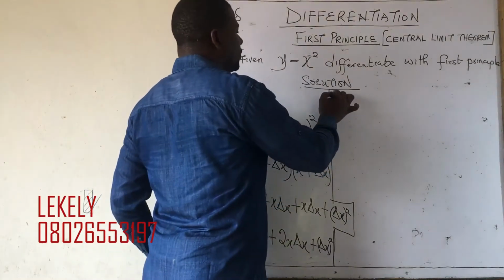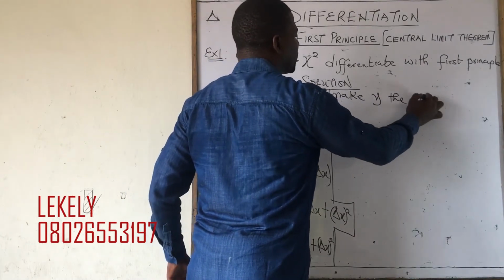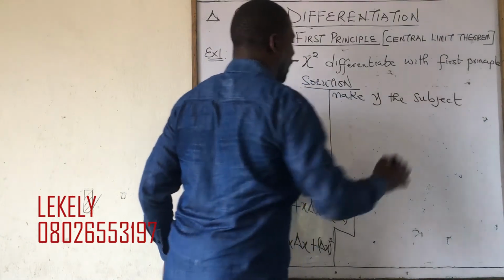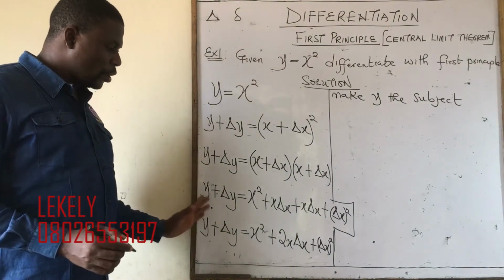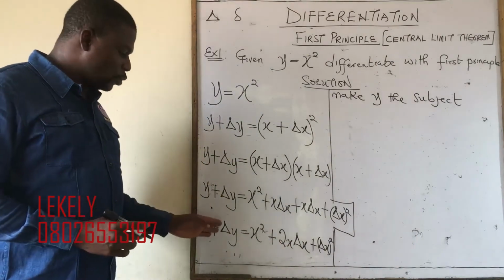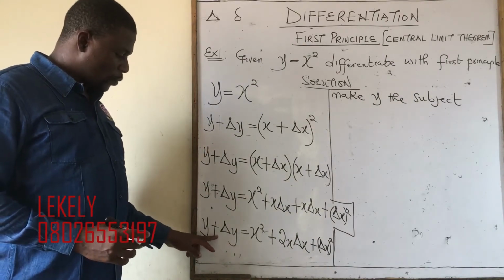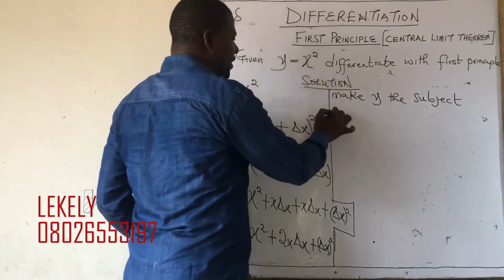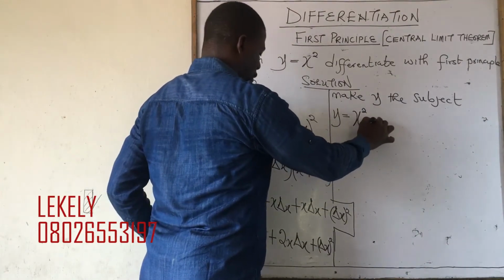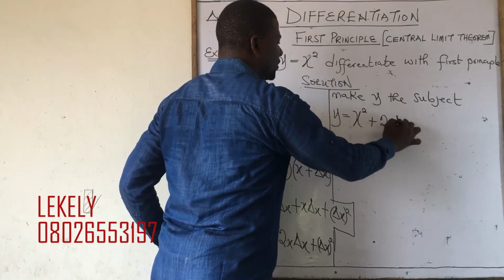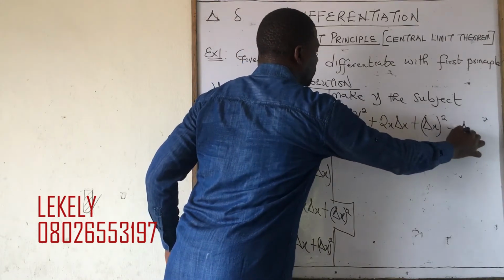So now that you have done this, the next thing you will do is to make y the subject of formula. That is, you want y to stand alone from here. So what that means is that this plus y will cross over to the other side, and the moment this change in y crosses over to the other side, this plus will change to minus. So if I want to write that, I'm going to have y equals, I will still write all this, x squared plus 2x change in x plus change in x all squared minus change in y.